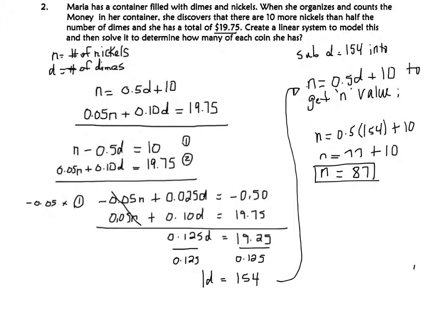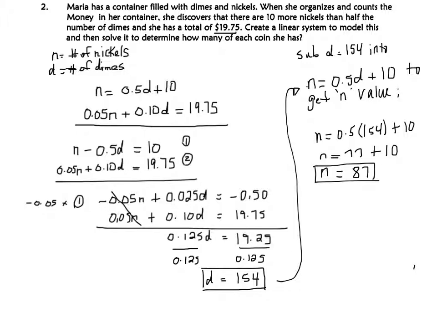And d was 154. And you can just go back and check to make sure that those two values work in your equations. The number of nickels is half the number of dimes, and half the number of dimes is 77 plus 10, so that is correct. And then if you check 5 cents for every nickel, so 87 times 5 cents plus 10 cents for every dime, so 10 cents times each of the 154 dimes does give you a total of 1975.